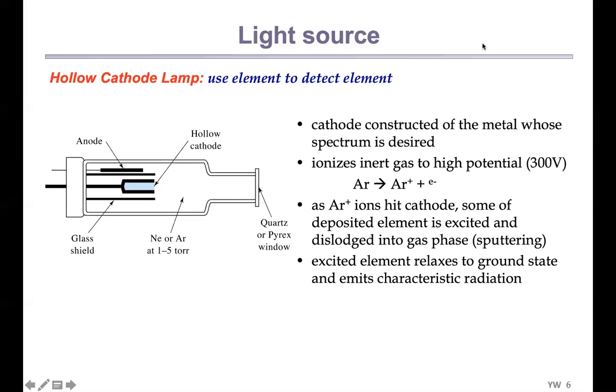I see a question here. So here we're able to change the hollow cathode depending on what metal we want? Yes, you have to change the cathode every time you want to change to a different metal. And we have only a limited number of lamps in this department, so it's not like you can do a universal detection with this instrument.